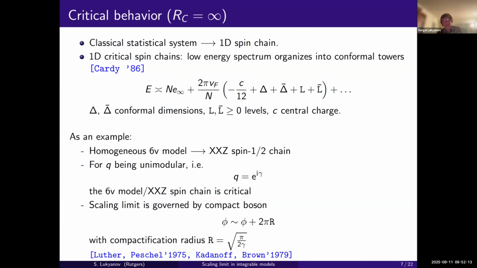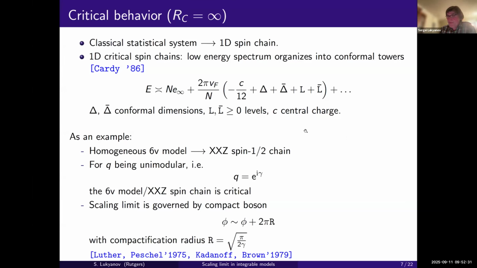It's easy to study the criticality by just studying the spectrum of the spin chain Hamiltonian. In particular, in the case of a critical system, we can extract information about the conformal field theory underlying the critical behavior through the 1 over N corrections.